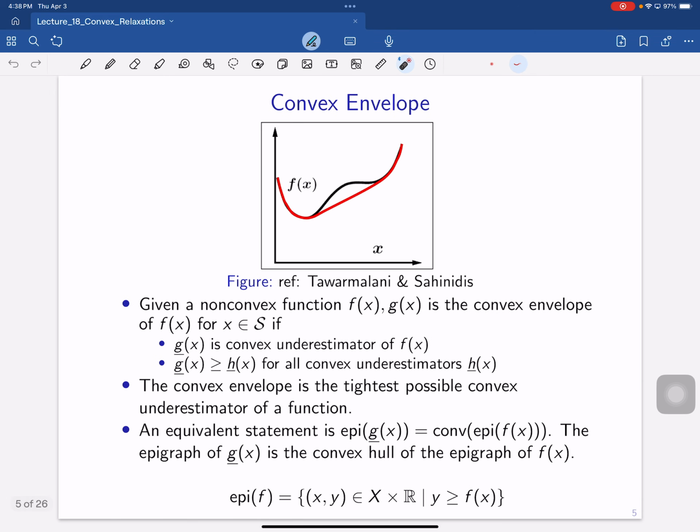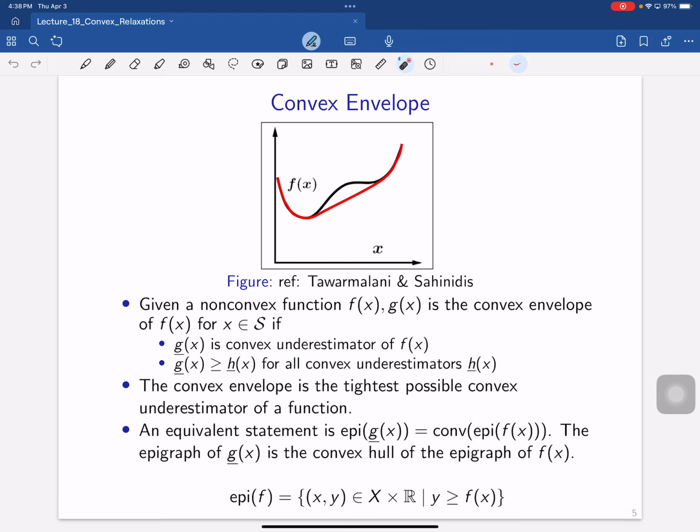So in order to study convex relaxations, let's define some basic concepts. When we say tight convex relaxation, it will be interesting to say what we mean by tight. In other words, what would be the so-called best convex relaxation you can come up with for a given function?